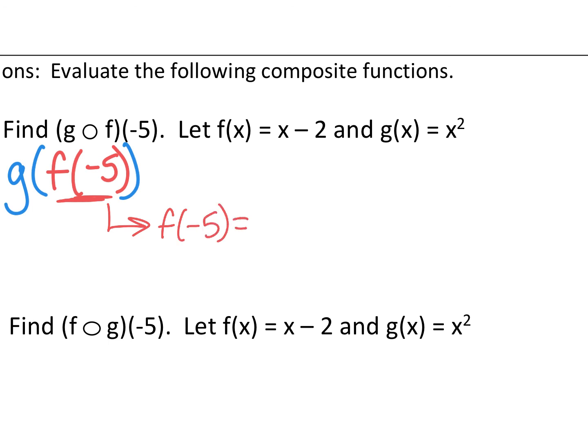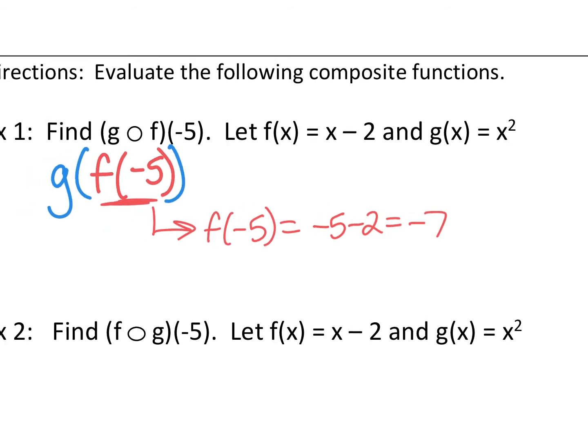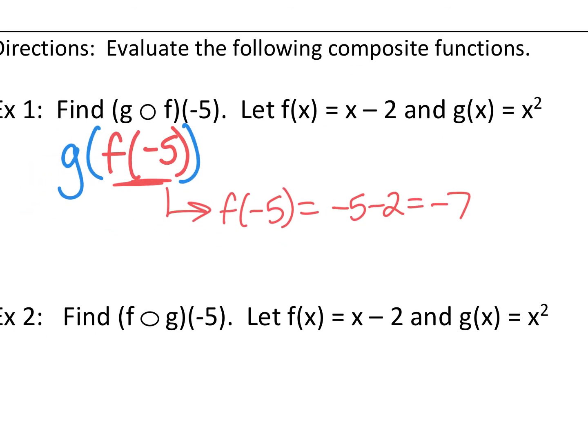Duh. We plug it in, right? Plug it into f. So what am I writing? Negative 5 minus 2, which is... Okay, so you just told me that f of negative 5 is negative 7, right? Okay, so watch this.